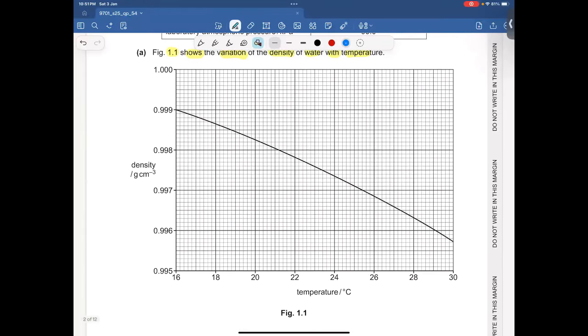This is 22, this is 23. And exactly at this point, the density is going to be 0.9975 or 0.9976.